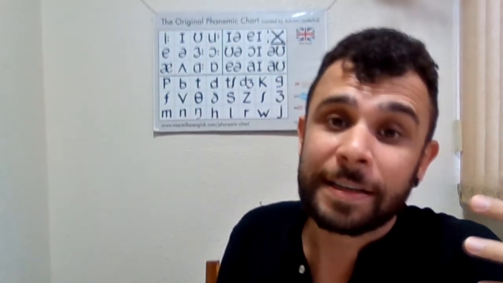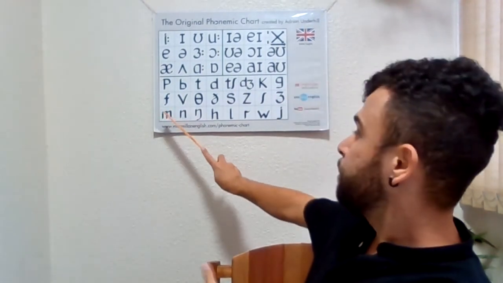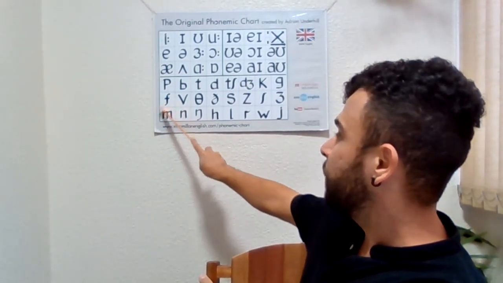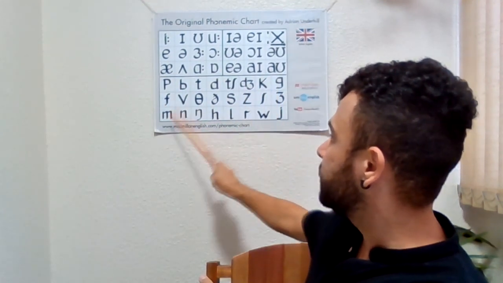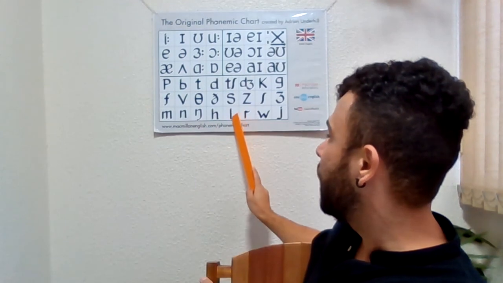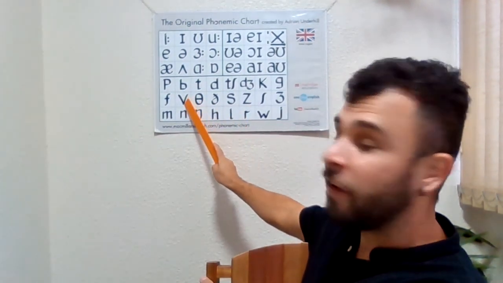For example, think of a word such as monkey, and then try to point to the phonemes in this word. Monkey. We have m and k, two consonants here. And then love, we'll have l and v.